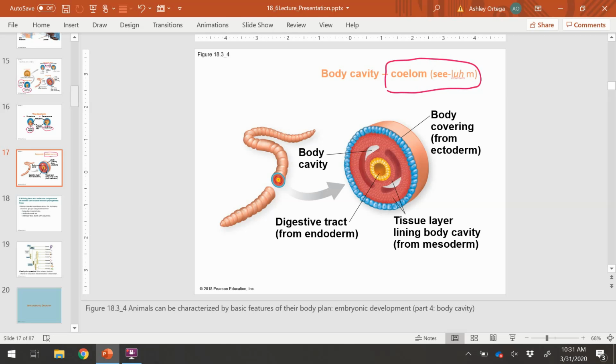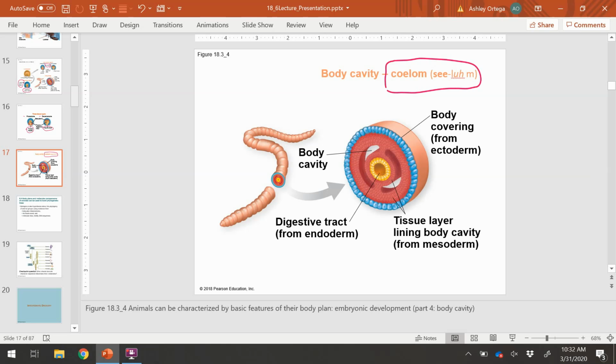And so looking at a true body cavity are examples of earthworm. This earthworm here, if you were to cut it across, you would see all the different layers of cells. First, you see the ectodermal layer in blue, and then the mesoderm layer in red, and then lastly the endoderm layer in yellow.